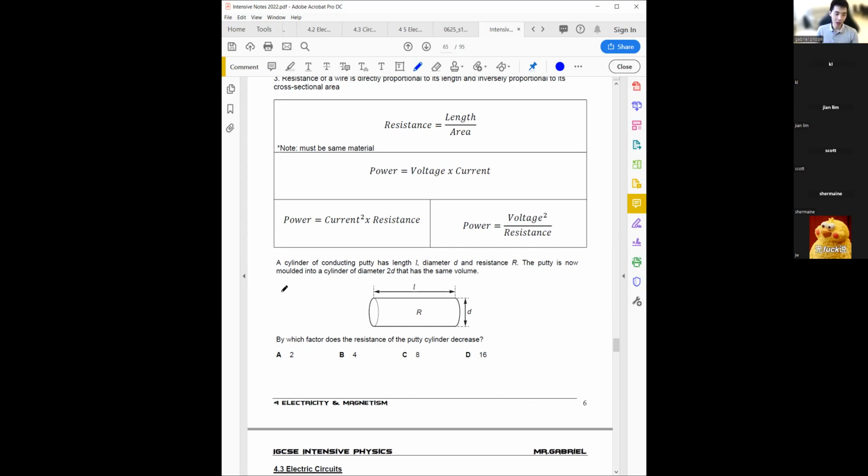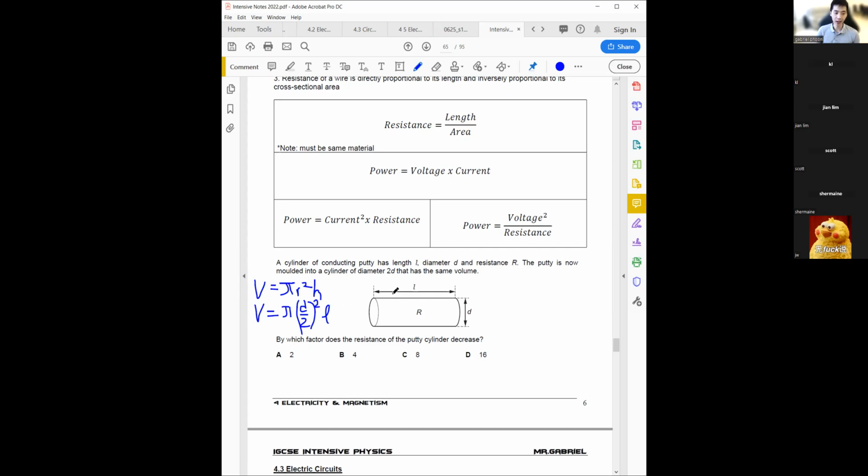Why? Because if you look at it logically, let's do some mathematics here, guys. Volume of a cylinder is pi r squared h. In this scenario, volume is equal to pi (D over 2) squared multiplied by L. This is the first information you have.